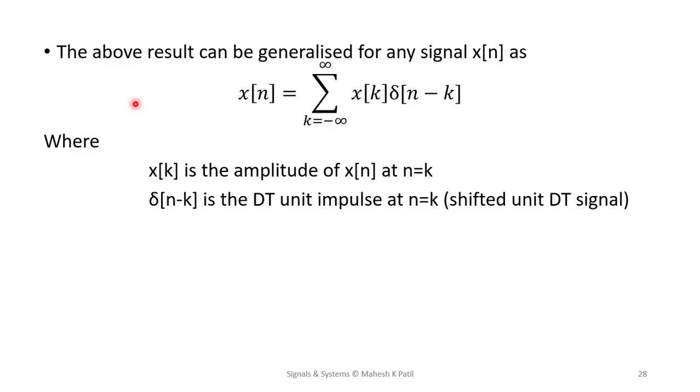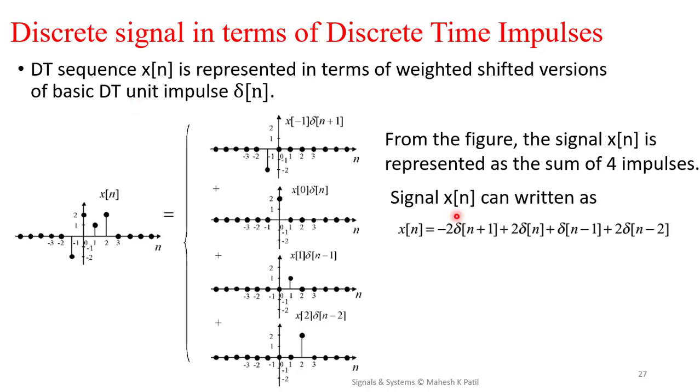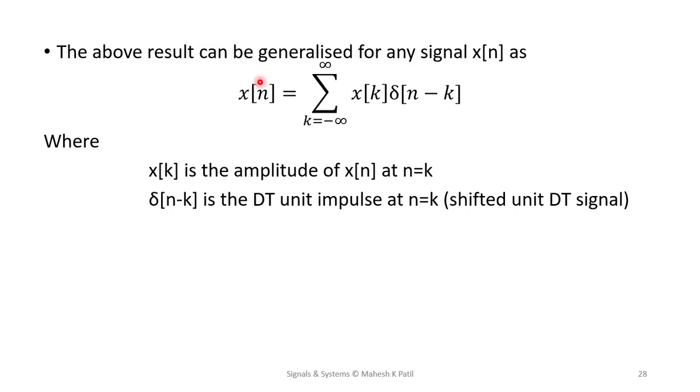So the equation that we have written here for x of n can be generalized for any signal x of n as x of n equal to the summation of x of k into delta of n minus k, where k varies from minus infinity to plus infinity.